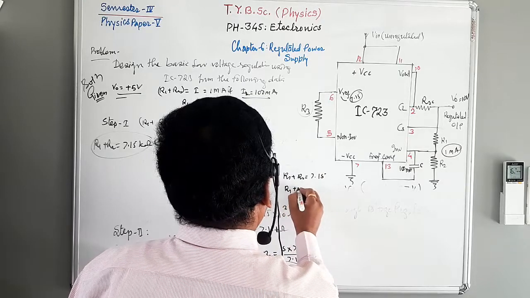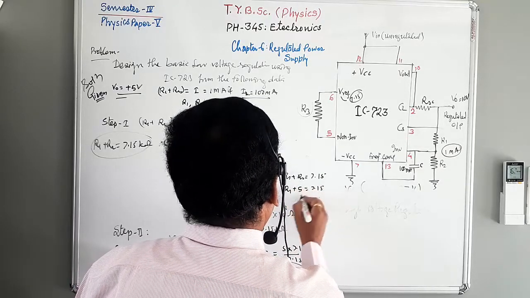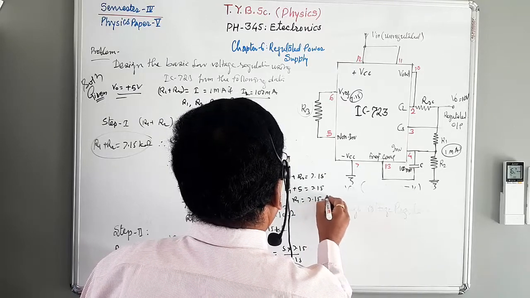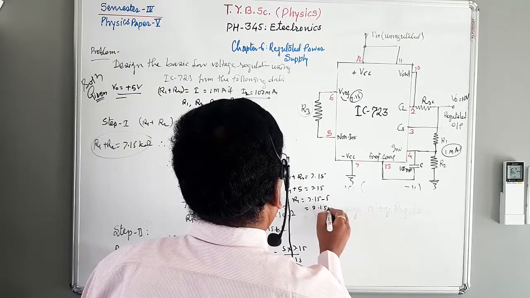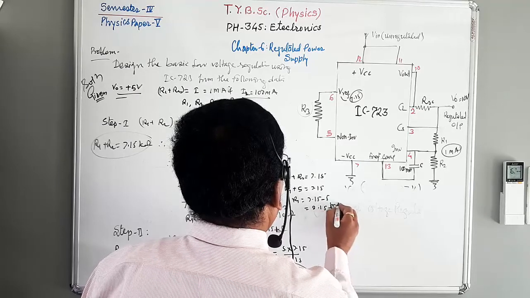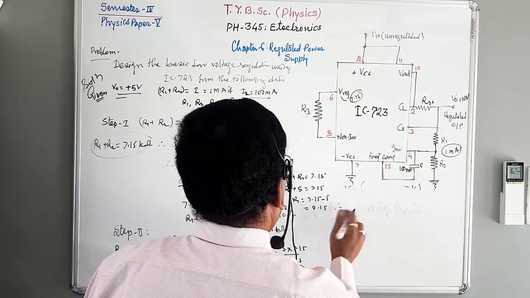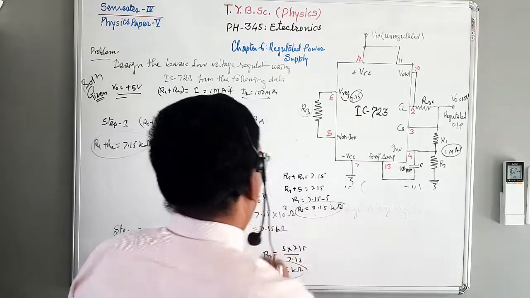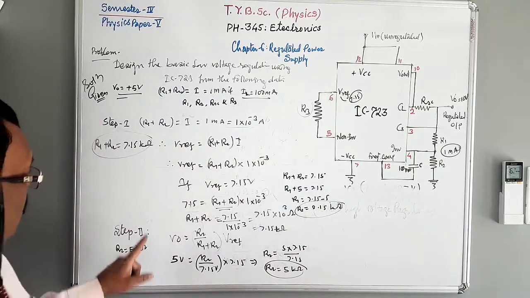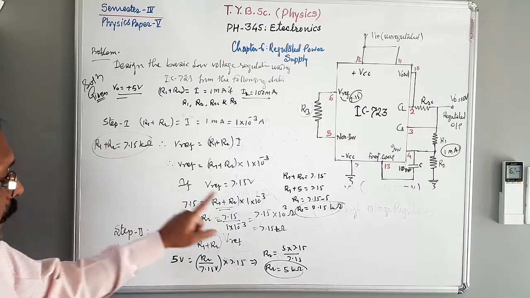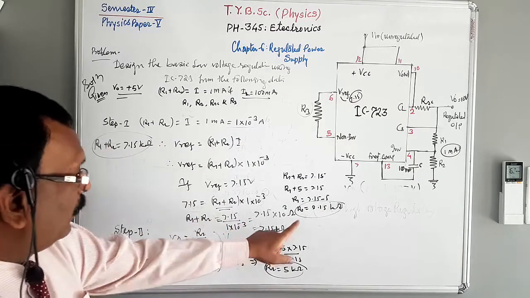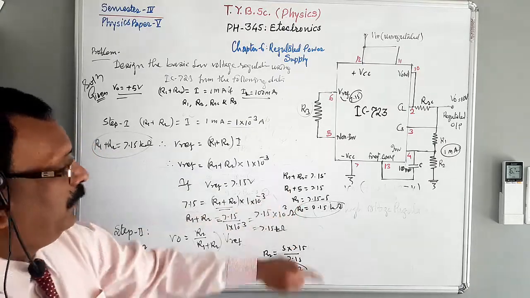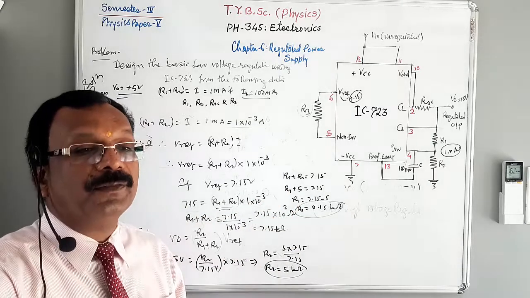Therefore, R1 plus 5 is equal to 7.15, or R1 is equal to 7.15 minus 5, which is 2.15 kilo ohm. We calculate R1 plus R2, then we find the value of R2, and by substituting the value of R2 in this equation, we find the value of R1.